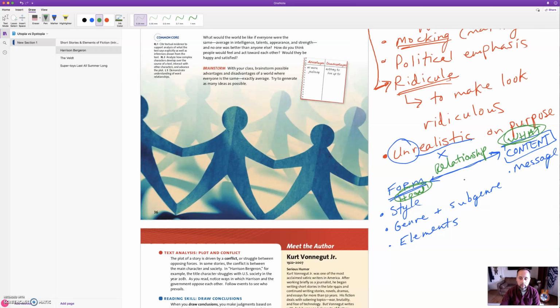This will give us the why of the genre. Why are we using satire here? Why did he not make it super realistic, with technologically advanced restrictions on people in the society, and so on?